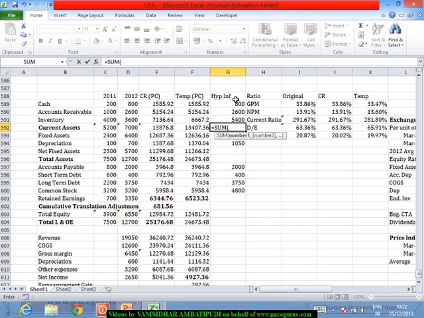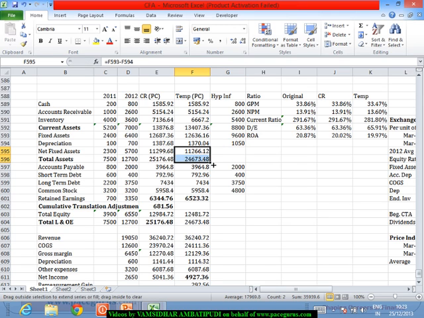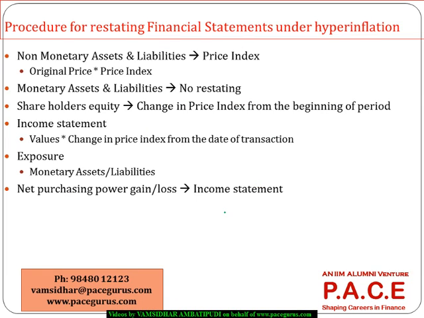The first step is that all non-monetary assets and liabilities are multiplied by the inflation rate, which is the change in the price index from the previous period to the current period, whereas for monetary assets and liabilities I don't make any adjustments.